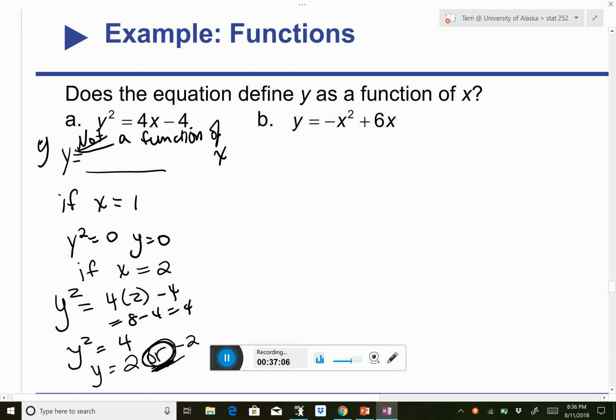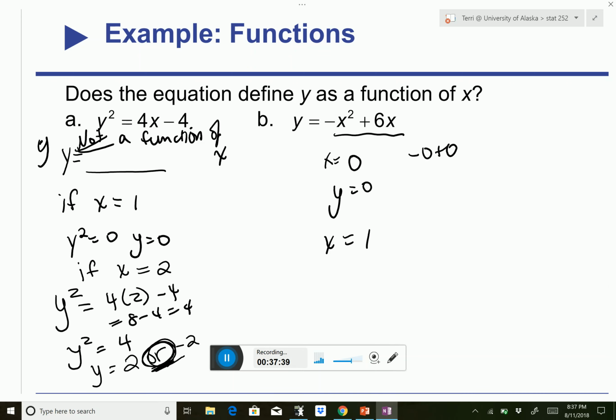Now, here's another example. In this case, right here, y equals -x squared plus 6x. So if I were going to see what this means, let's put 0. Well, if I put 0 in, this would be -0 plus 0, so y equals 0. Okay, that's one answer. But what if I put, say, 1 in there?